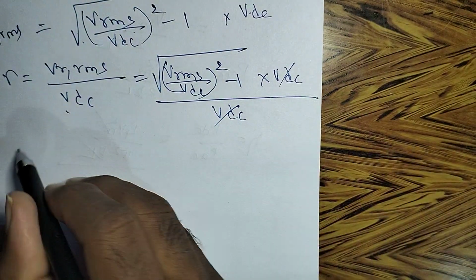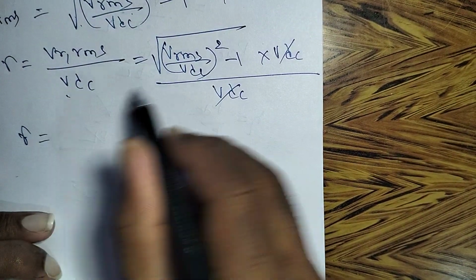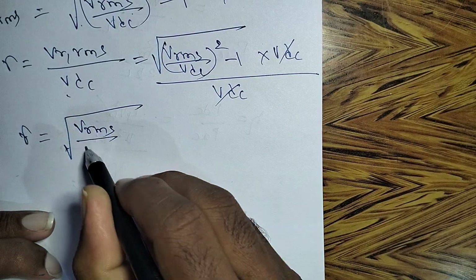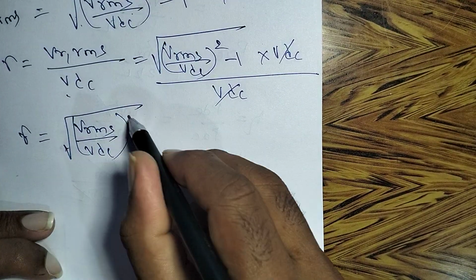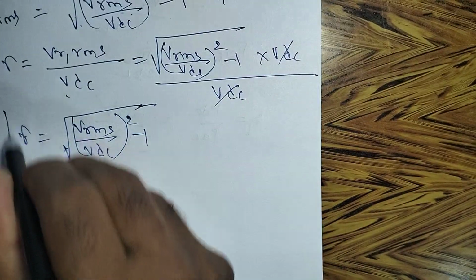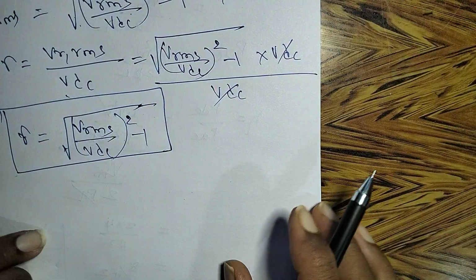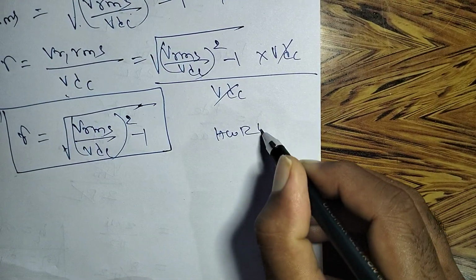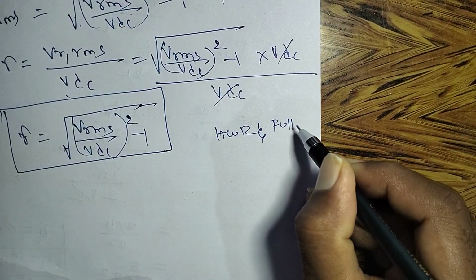So VDC gets cancelled. So ripple factor equals square root of VRMS divided by VDC whole square minus 1. This is the general formula to calculate the ripple factor value, for half wave rectifier and full wave rectifier.